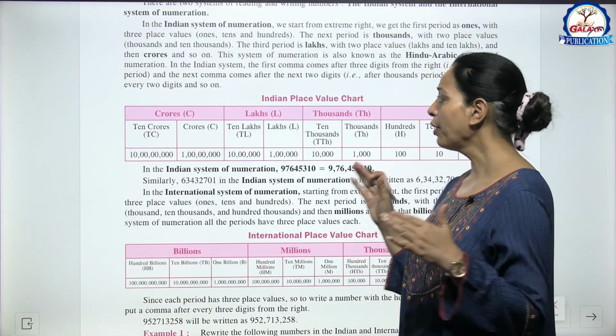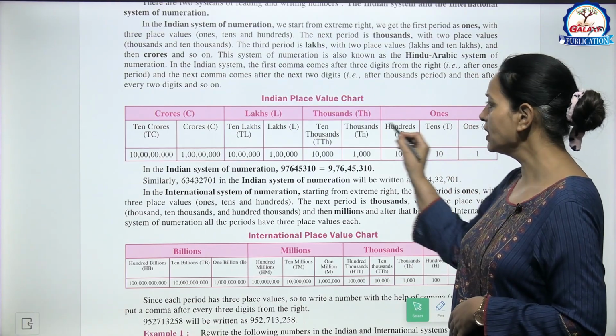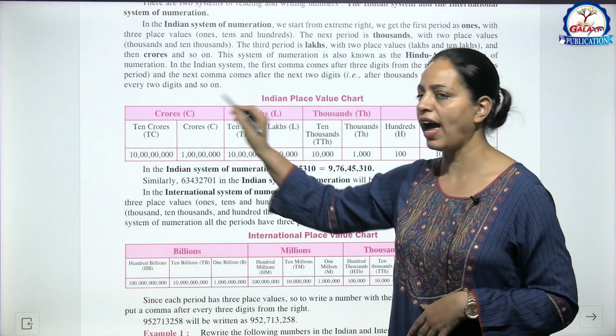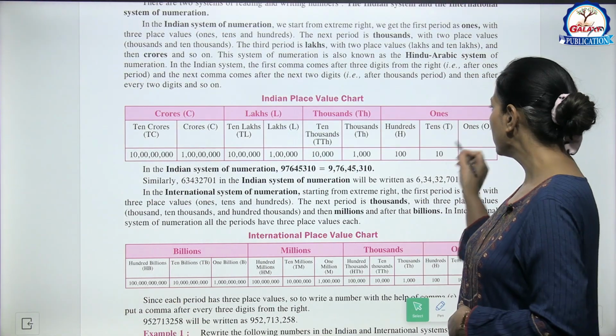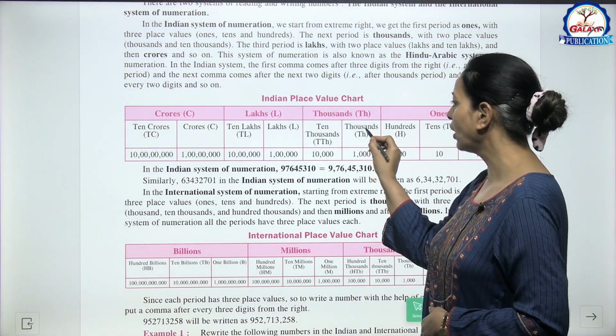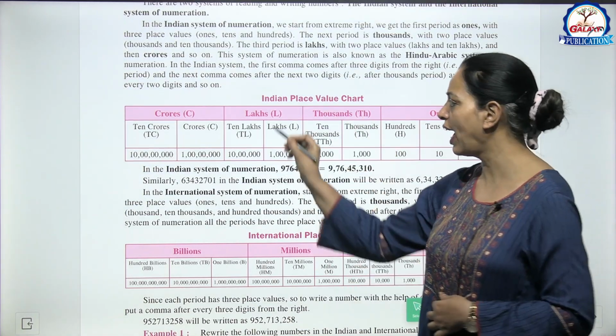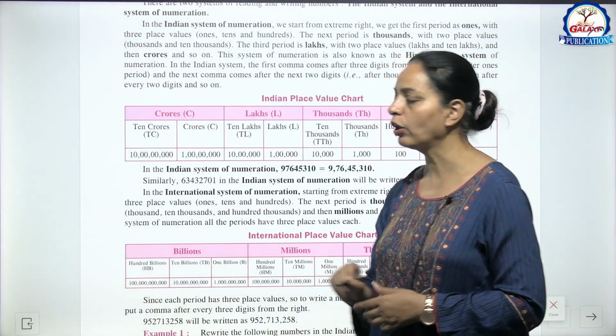And now the Indian place value chart. So here we have ones, thousands, lakhs and crores. Under ones, place values ones, tens and hundreds, and here thousand and 10,000, lakh and 10 lakh, crore and 10 crore.